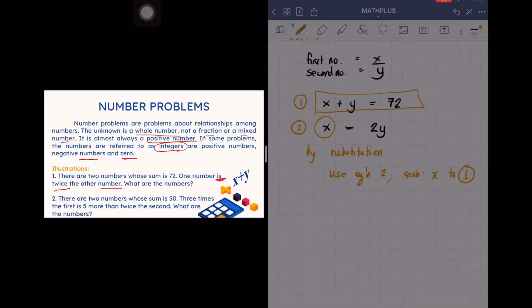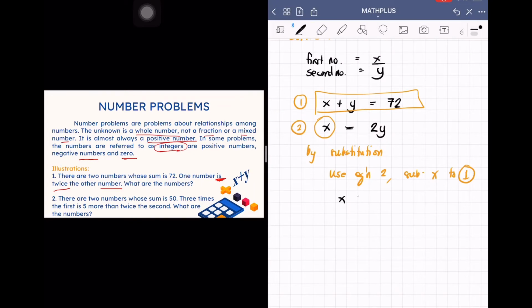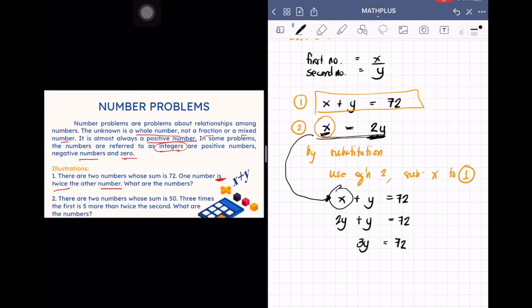So that's x plus y equal to 72. The value of x here is 2y, and I'll substitute this into the first equation. This will be 2y plus y equal to 72, and it appears to be 3y equal to 72. Divide both sides by 3. You get y equal to 24.